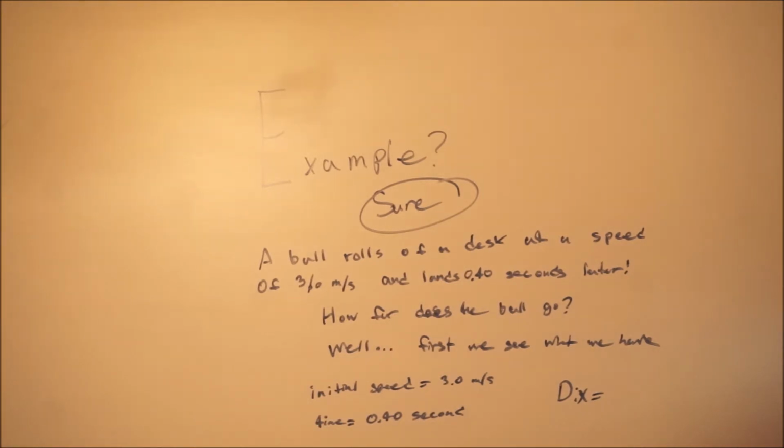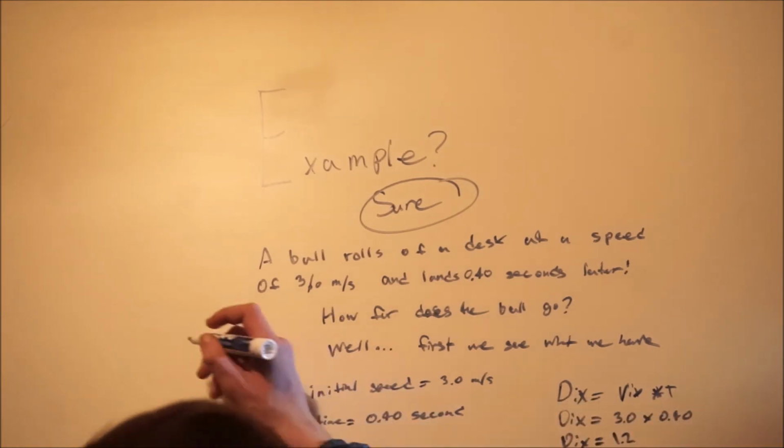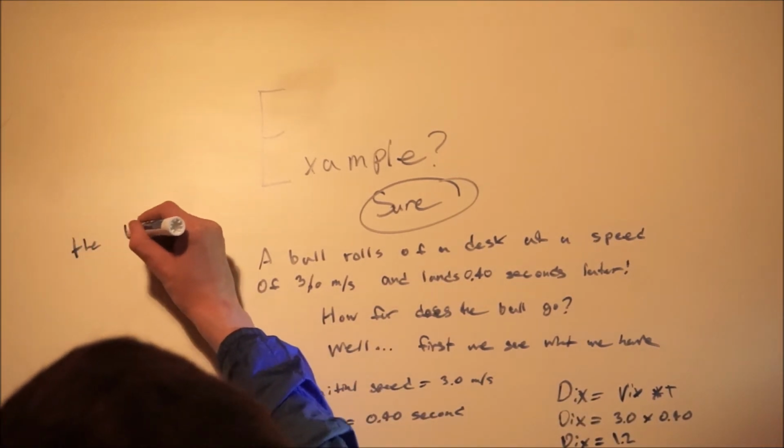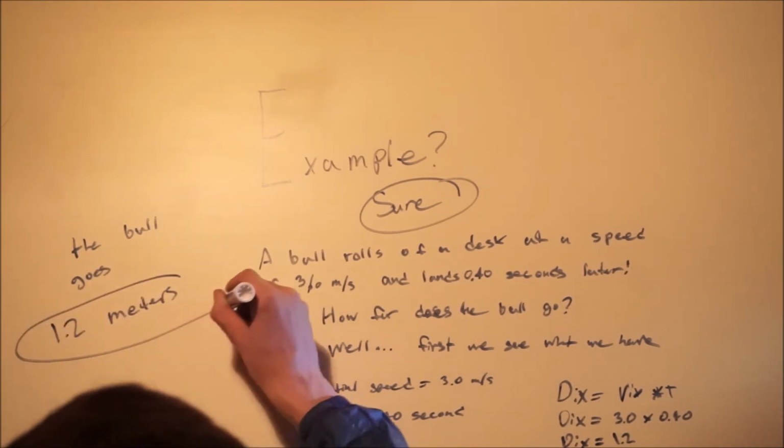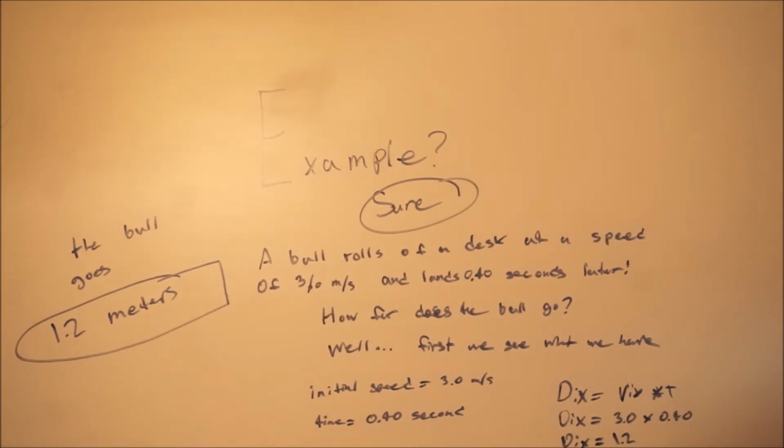So in this case, it would be 3 meters a second times 0.4, and we should get 1.2 meters. So the answer is the ball goes 1.2 meters. That's a pretty simple equation. So yeah, that's basically how you solve for horizontal.